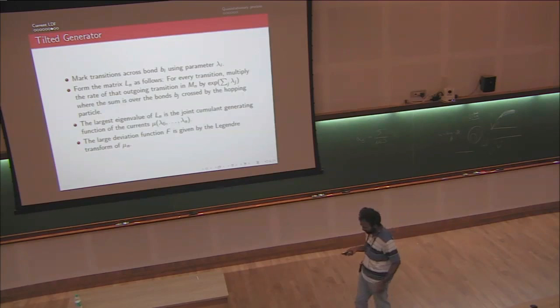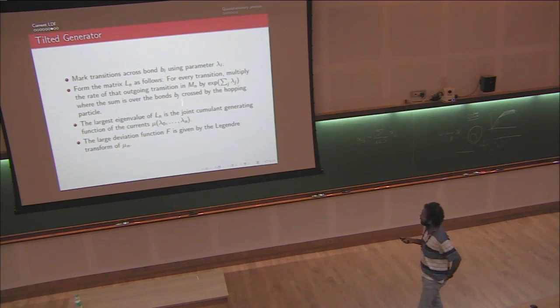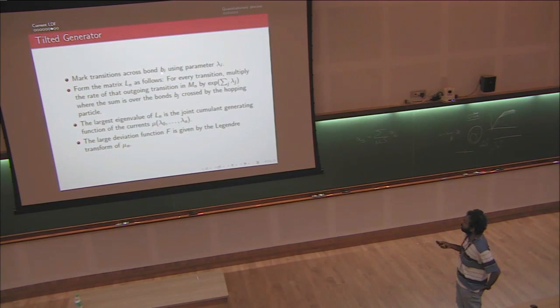I mean, how do you answer such a question mathematically? So what you do is for each bond b_i, you have a parameter, let's say lambda i, and you form what's called the tilted generator, which I'll give you an example of in a second. So for every transition which contributes to a particle going across b_i, you multiply by e to the lambda i.